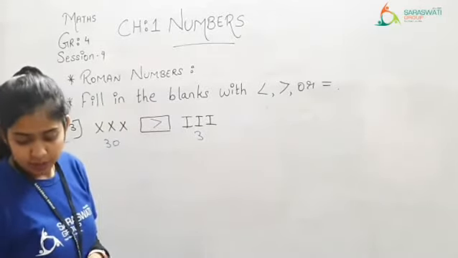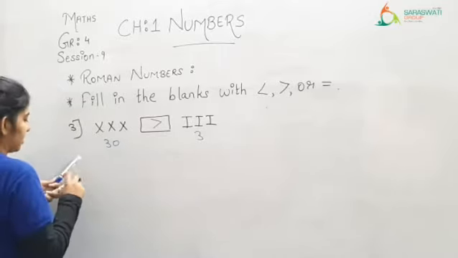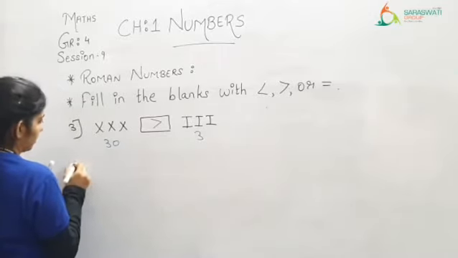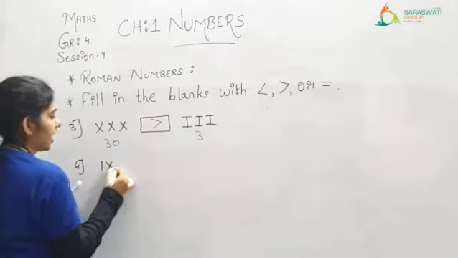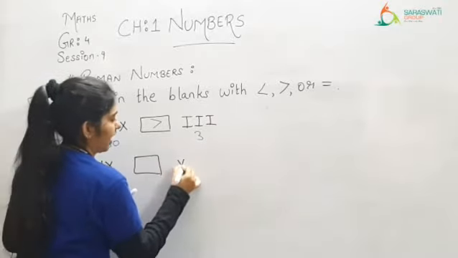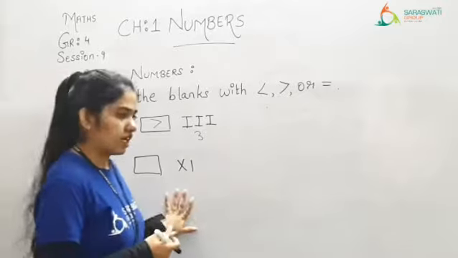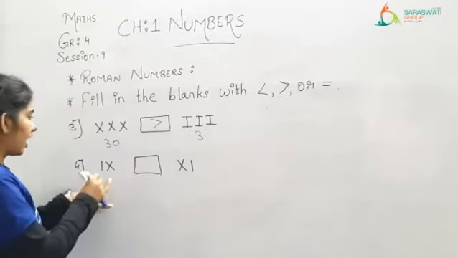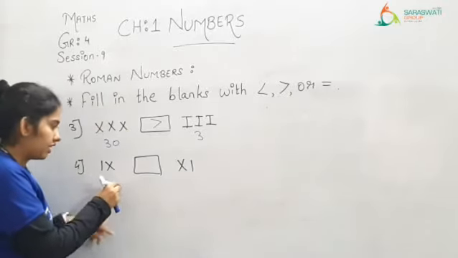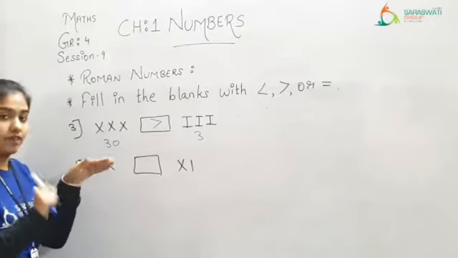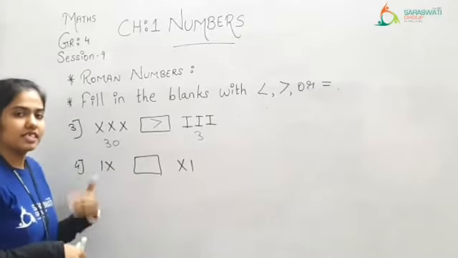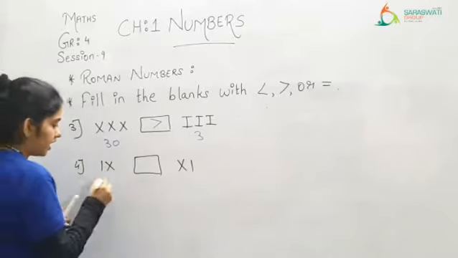Now the next one, that is ix and xi. So here two values are given. Ix means, x means over here 10 and i is written on the left hand side. So 10 minus 1 is 9.